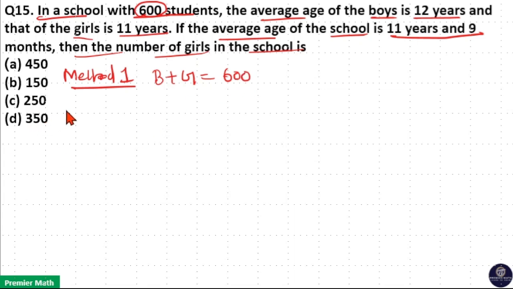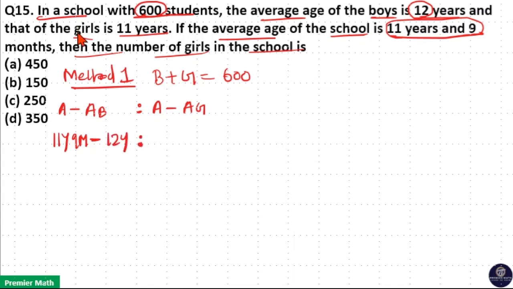In that case, take the difference between average and average of boys. Then, take the difference between average and average of girls. Here, average is 11 years and 9 months and average of boys is 12 years. So, 11 years, 9 months minus 12 years is to, here average of girls is 11 years.